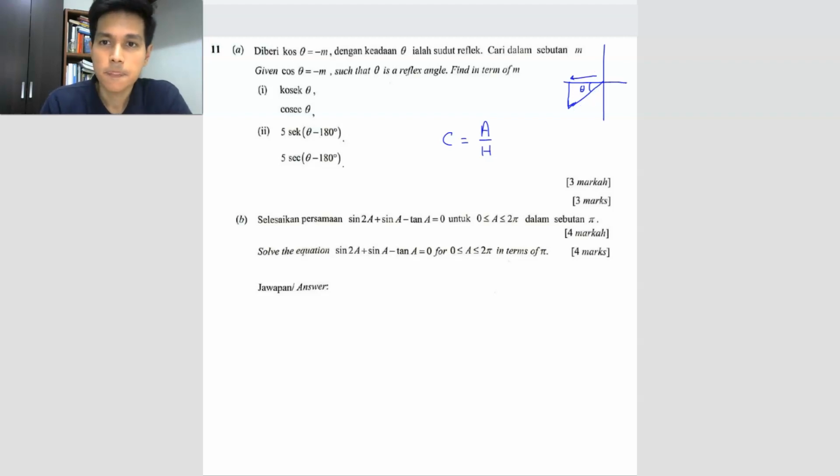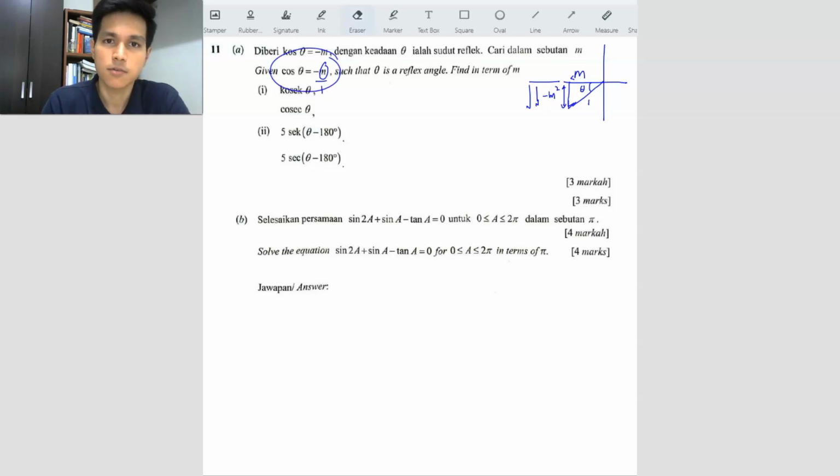So the m is the adjacent, so here is m, and the hypotenuse is 1. If this is m and this is 1, what is your height? Your height is going to be the square root of 1 squared minus m squared, or I just write the square root of 1 minus m squared. That represents the height. Clear? You always have to form this first. Whenever they give you something like this, form this first, then you can start doing. After that, it will be very easy.